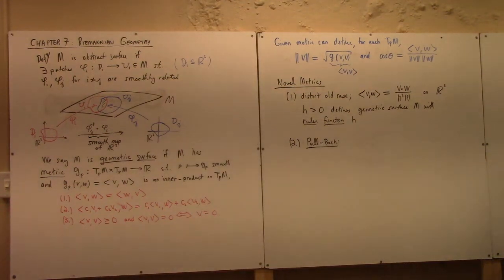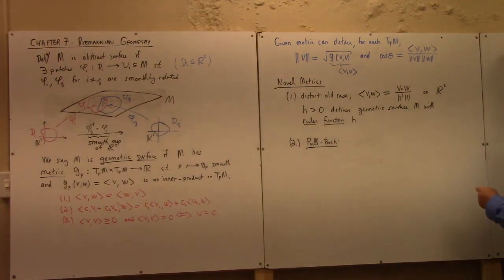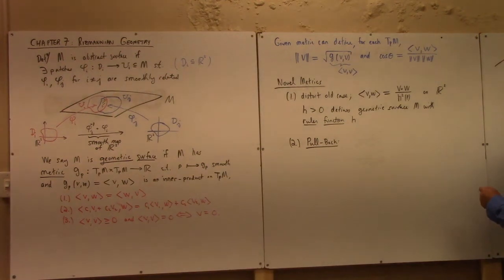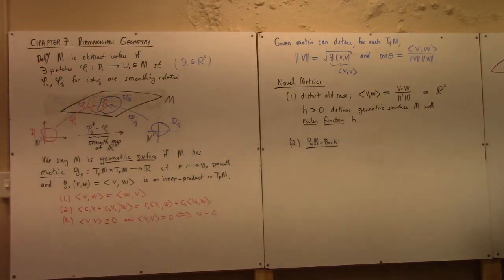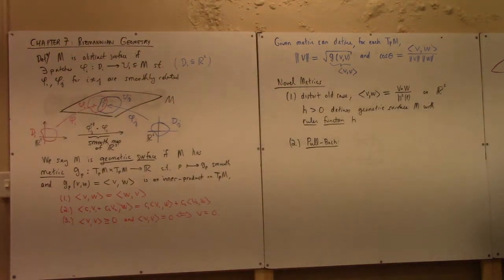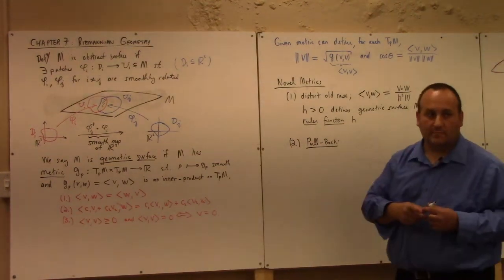So if I have a surface M, and I have a surface over here, N, and I have a mapping F going from M to N.